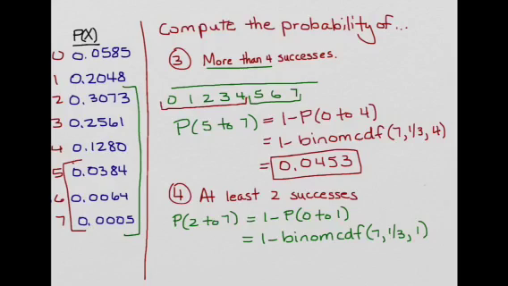And let's see what that is going to turn out to be. And that turns out to be 0.7366. And that's my final answer there. So that's how you work with binomial probabilities.